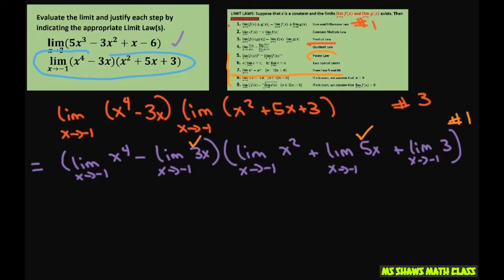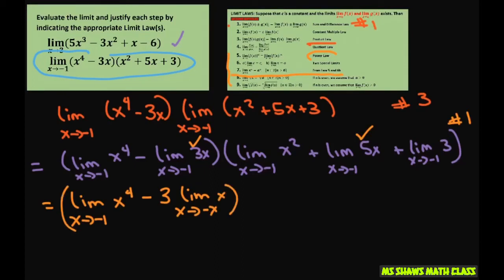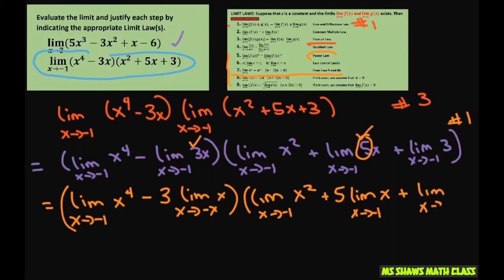So this is going to end up being equal to the limit as x approaches -1 of x to the 4th power minus 3 times the limit as x approaches -1 of x, times the limit as x approaches -1 of x squared, and then we have to pull this 5 out, plus 5 times the limit as x approaches -1 of x plus the limit as x approaches -1 of 3.